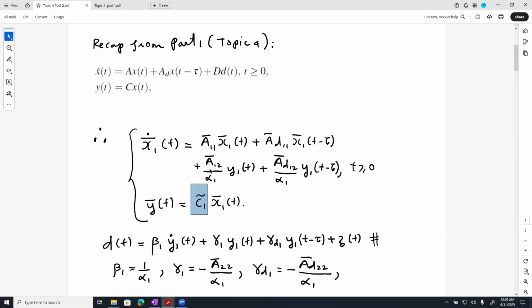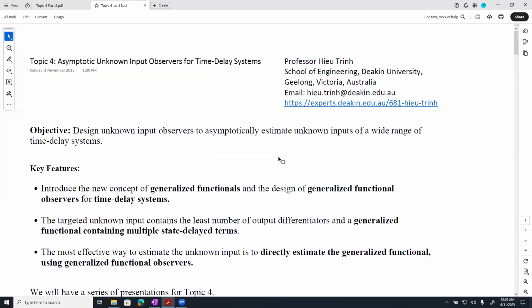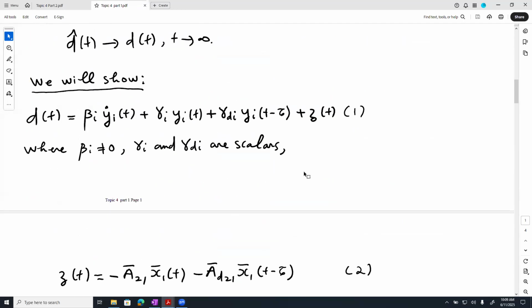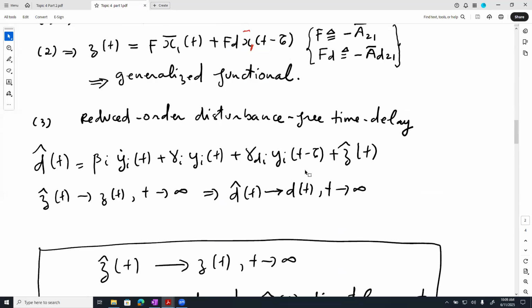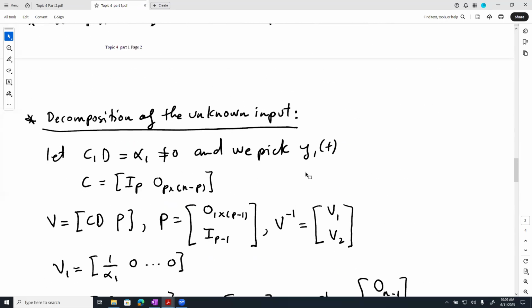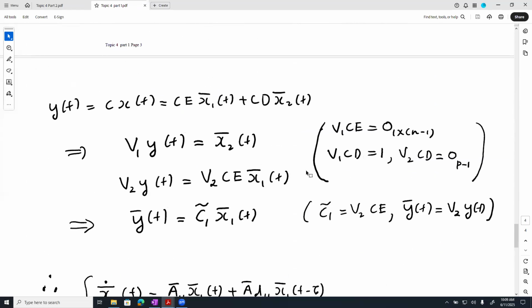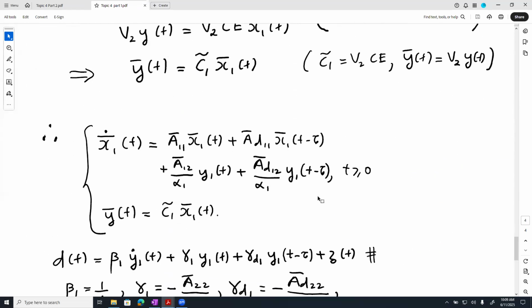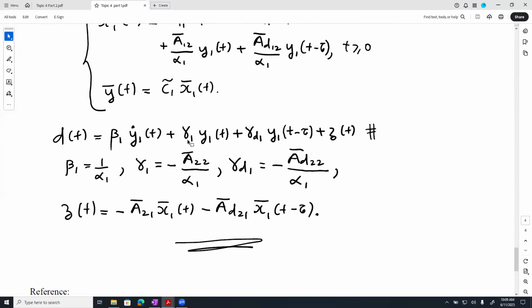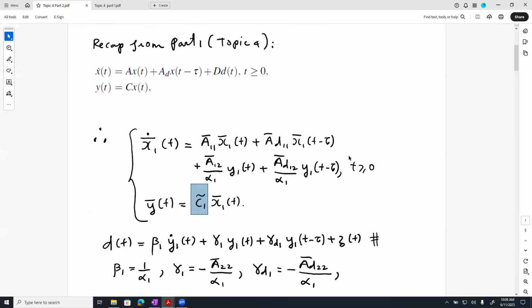Because it is in the canonical form, some of the stack variables in there belong to the output measurement. That's the idea behind that.